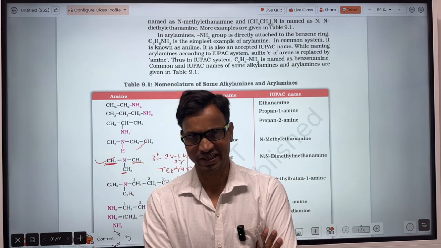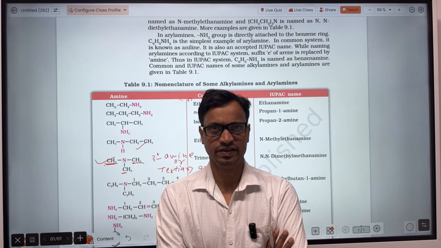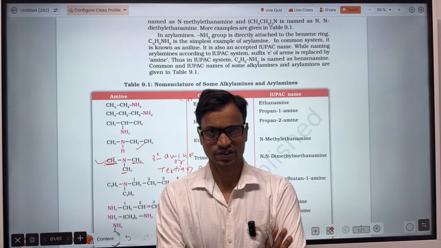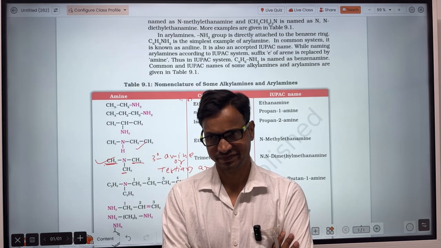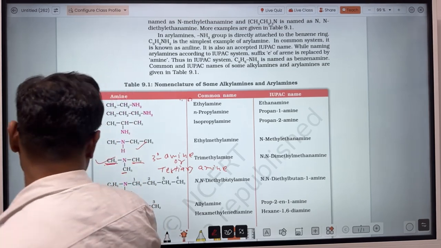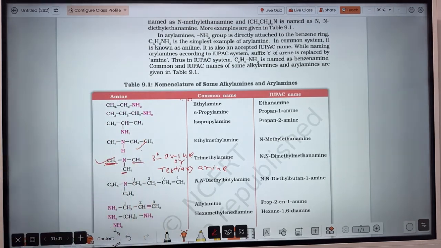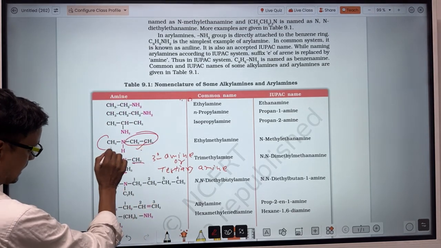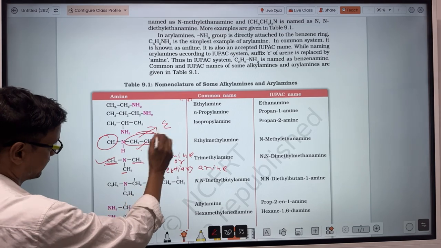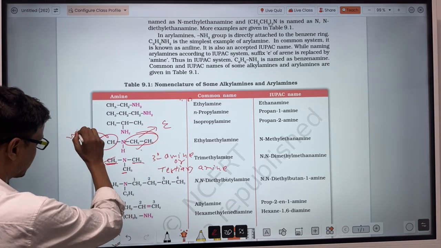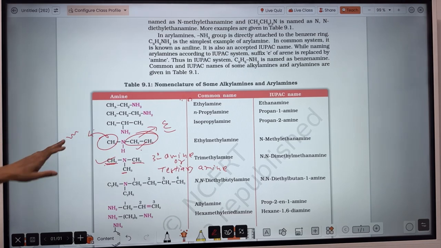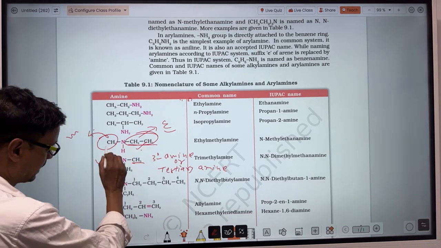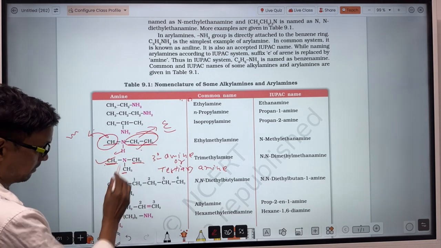And when we have to write the IUPAC name of an amine, then we will have to consider the length of the alkyl group. So in the previous compound, this one is ethyl, this is methyl. Ethyl starts from E, and methyl starts from M. In alphabetical order, E comes first, then M. So it is ethyl methyl amine.